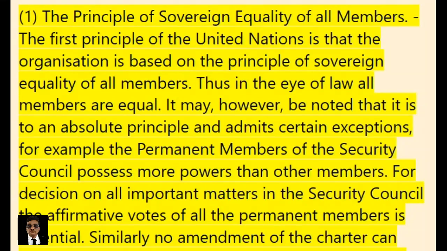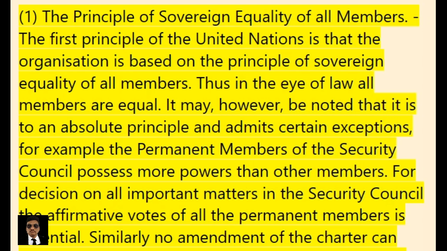1. The principle of sovereign equality of all members. The first principle of the United Nations is that the organization is based on the principle of sovereign equality of all members. Thus, in the eye of law, all members are equal.